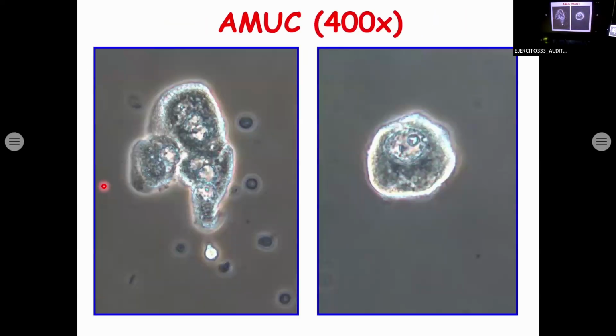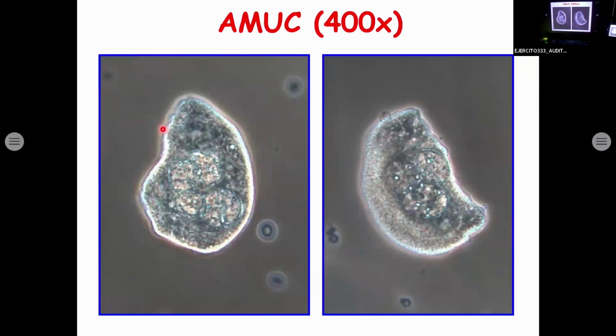Which AMUC do we have? We don't have the possibility to measure with the microscope we have in Africa. So they are large cells. Look, you can compare the diameter with that of red blood cells, with unusual shape and large nucleoli and multinucleated, 2 nuclei here, 2 nuclei here. And again, we have a large cell with unusual shape and 1, 2, 3, 4, 5 nuclei. Here, 1, 2, 3 nuclei. Are these cylindrical cells?